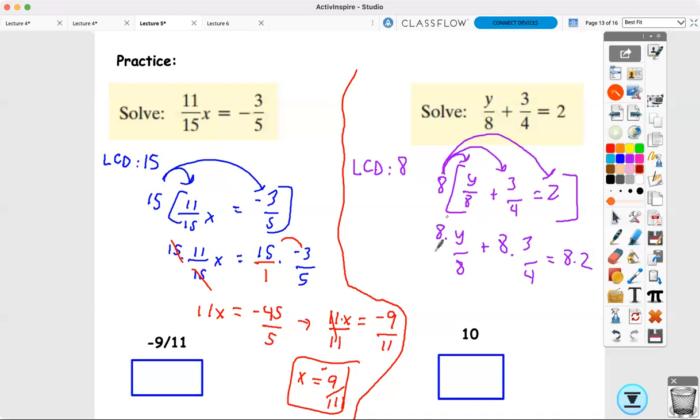What are we left with? Y. Correct. Good job. Okay, now we're on this fraction here. Remember, if you can't simplify, you can just multiply them when you make it into a fraction over 1. What does this become? 8 over 1 times 3 over 4.